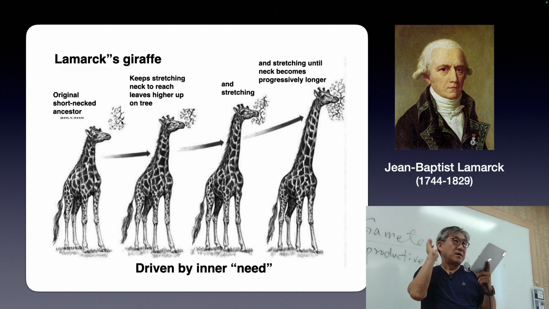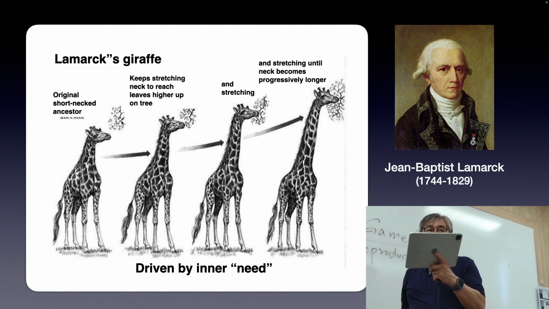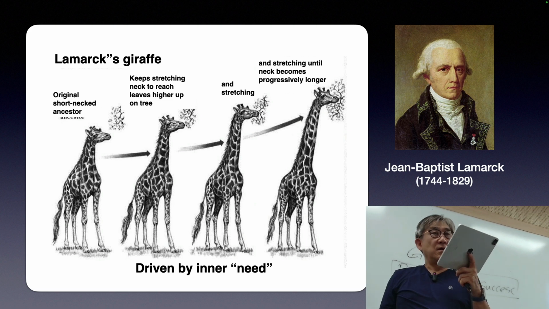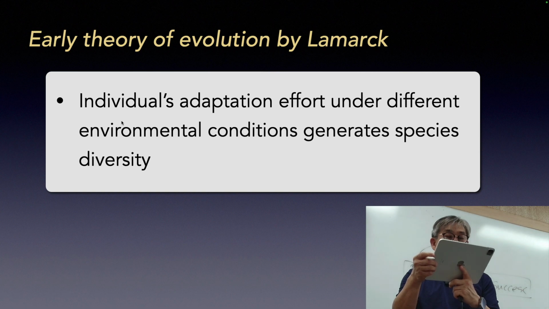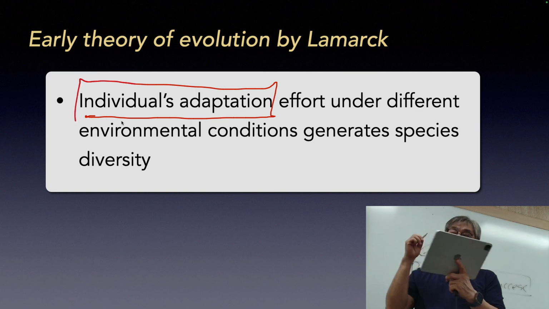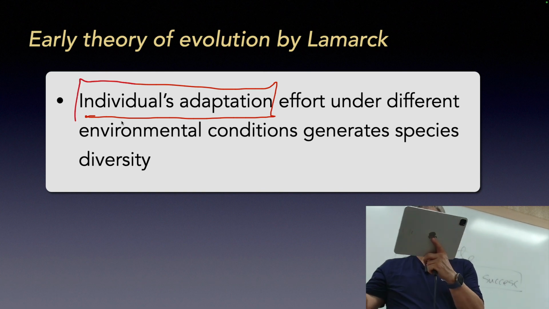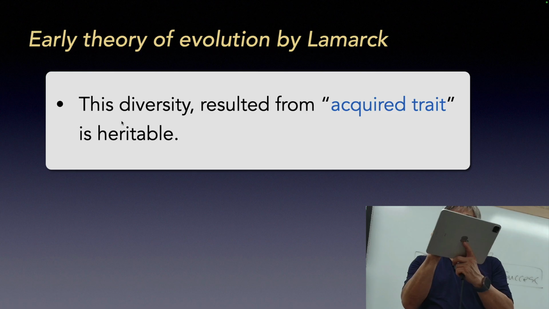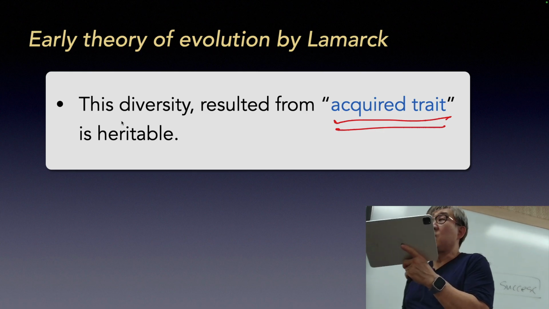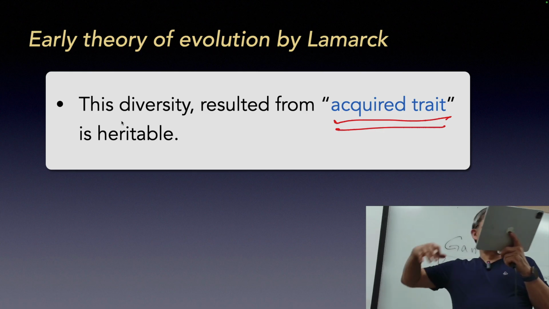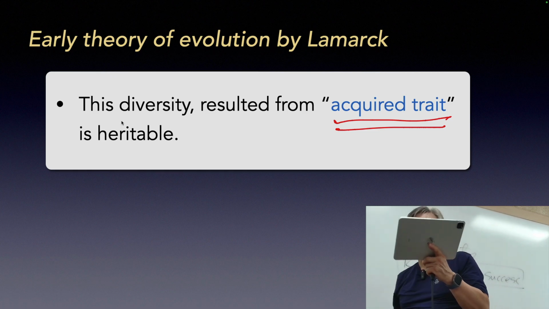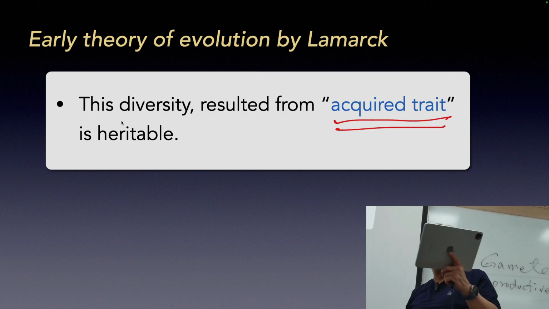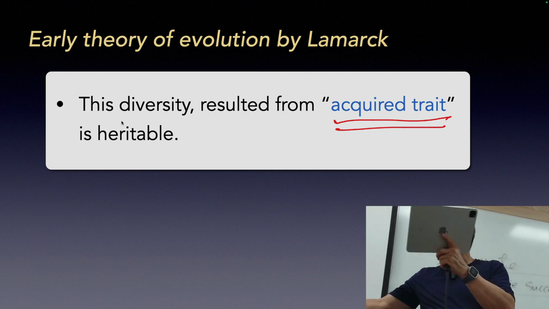Here, the important premise of his theory of evolution is this: the individual adaptation effort, which we recognize as an acquired trait. So his critical premise is that an acquired trait can be transmitted to the next generation.